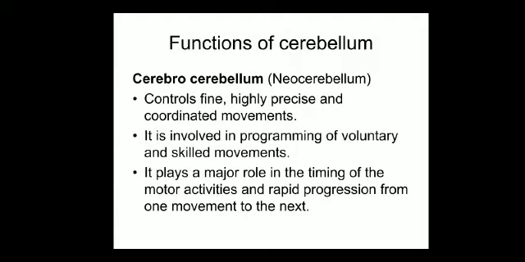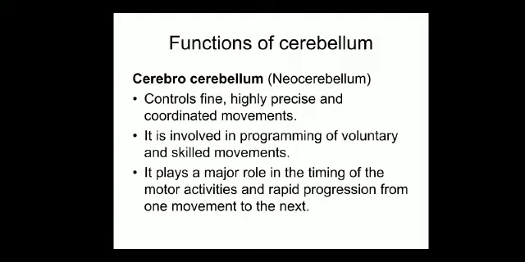So the cerebellum receives a representation of the corticospinal activity as well, a copy of the corticospinal activity, and it gets a copy of the representation of the result in terms of the muscle movement from the proprioceptors of the muscles.